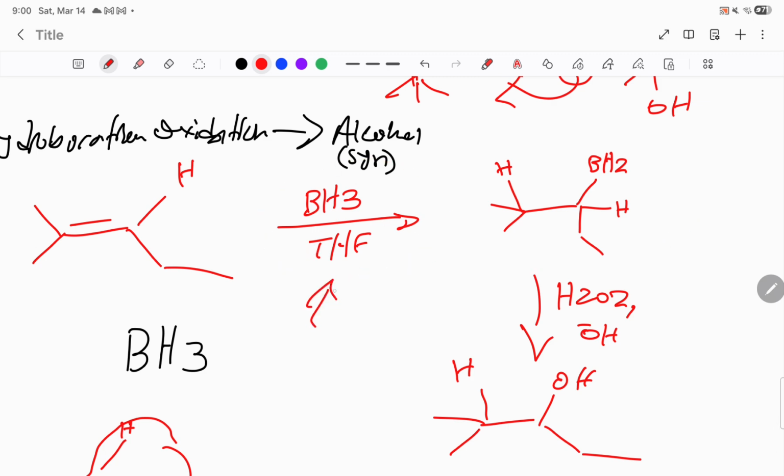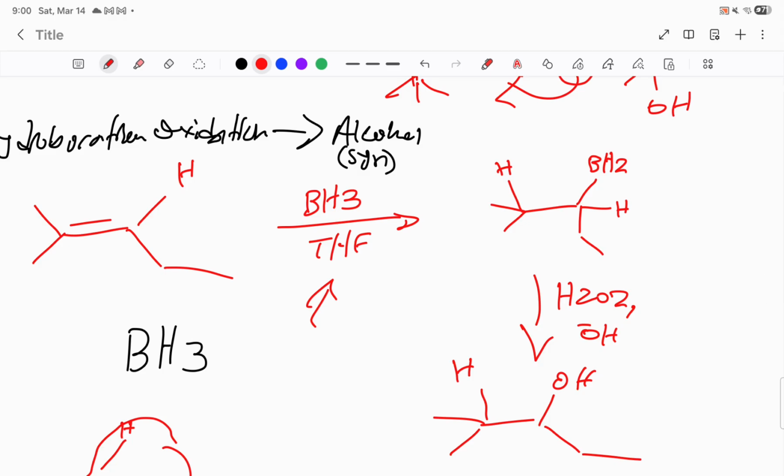It's because the BH3 and the THF stabilize one another. They form what we call an adduct. We don't have to go into more details, but it is always done in THF.